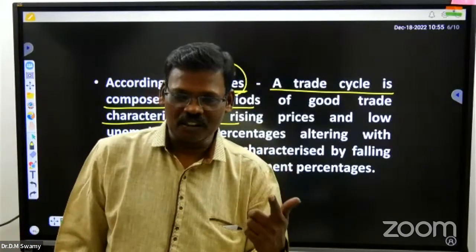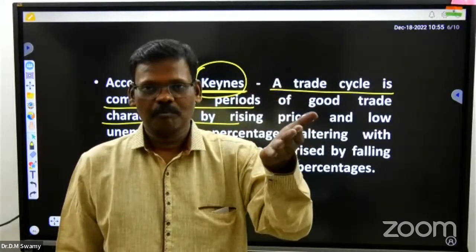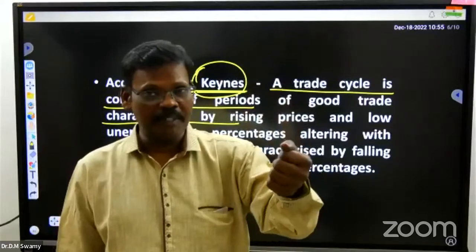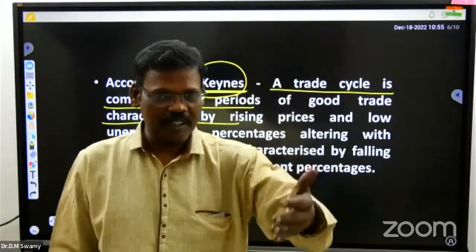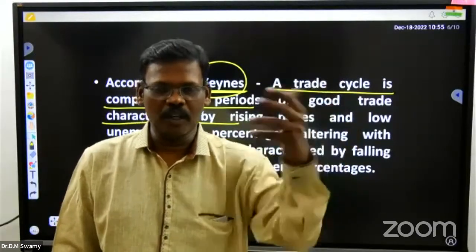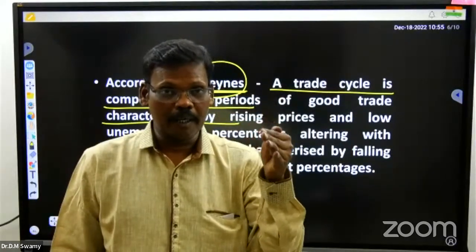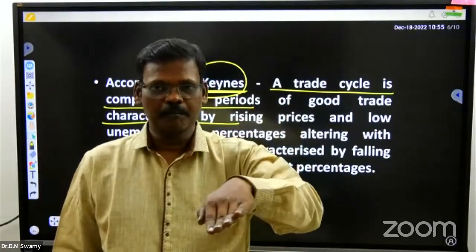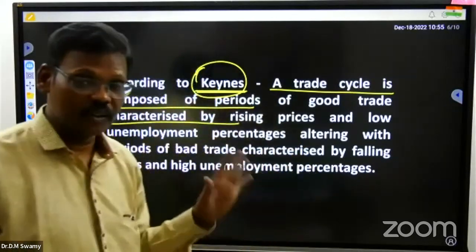When profit increases, they will go for reinvestment, which means production. When production increases, employment is automatically generated in the country. So the unemployment problem will be solved. That is one side.